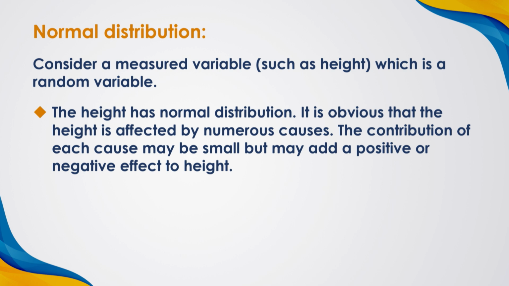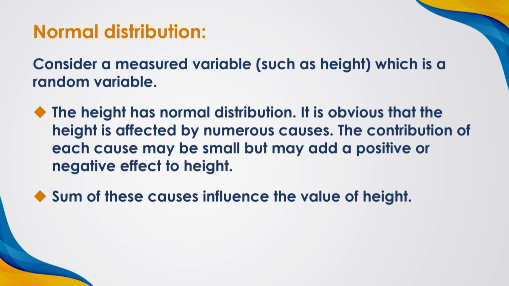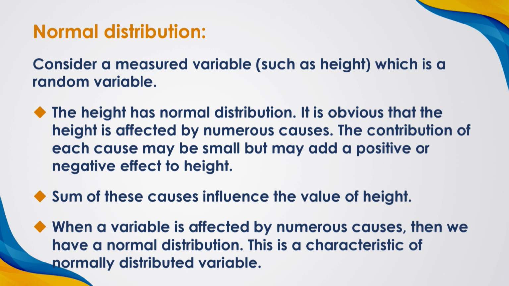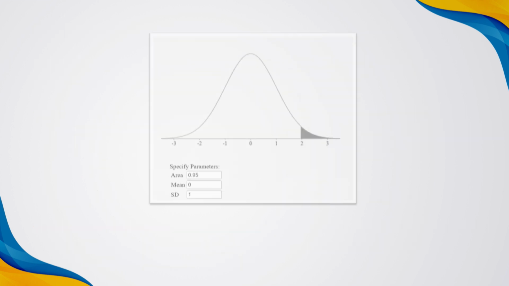The contribution of each cause may be small, but may add a positive or negative effect to height. Some of these causes influence the value of height. When a variable is affected by numerous causes, then we have a normal distribution. This is a characteristic of a normally distributed variable.